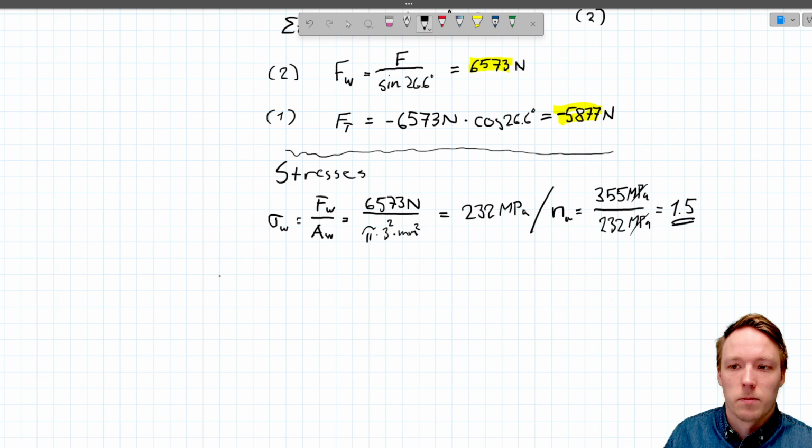And then we can do the same thing for the tube. Sigma tube is F, force on the tube divided by cross section area of the tube. And now since it was a tube, we have to do it a bit differently.